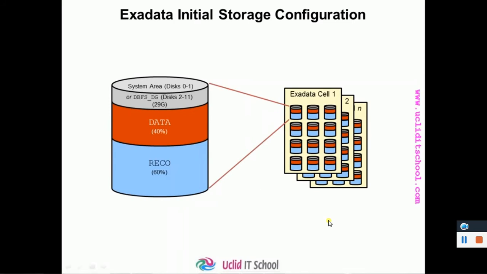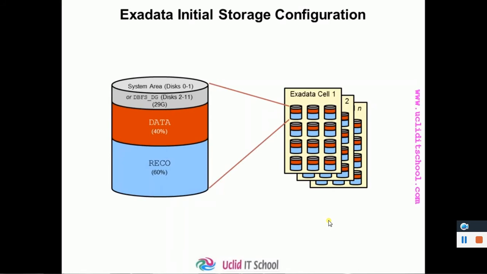By default the split is like this only. There is another split that can be done by the OneCommand process: instead of 40 data, 60 reco, it can assign 80 data, 20 reco.